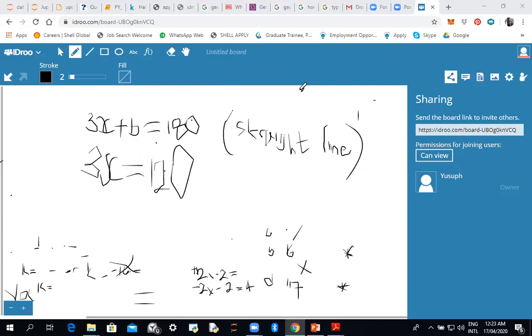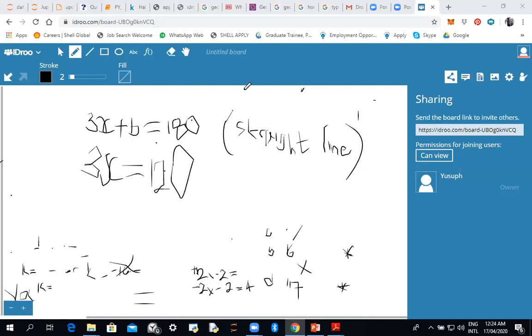I have on my screen 3x equals 120. Can you explain to me why 3x equals 120 based on what we just explained? Because they are corresponding. Exactly, they are corresponding angles, and we said corresponding angles occupy similar positions.